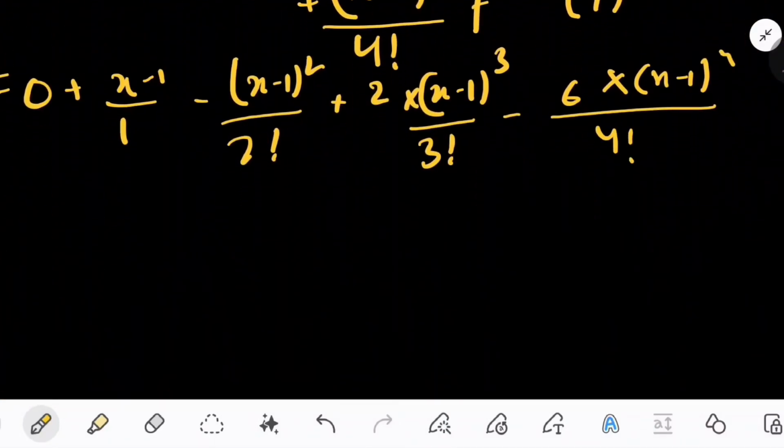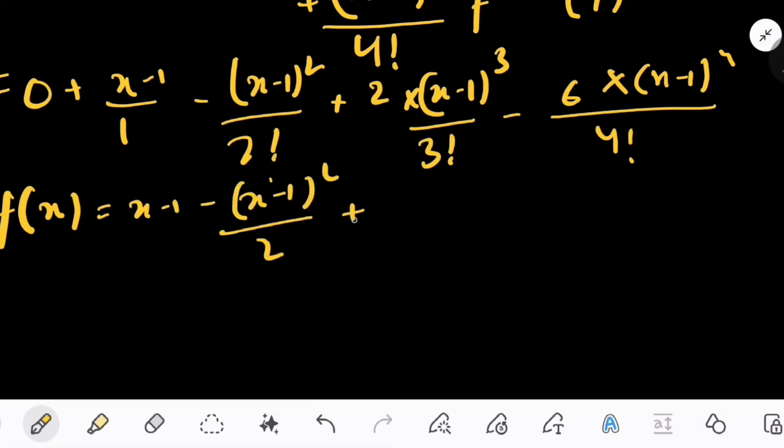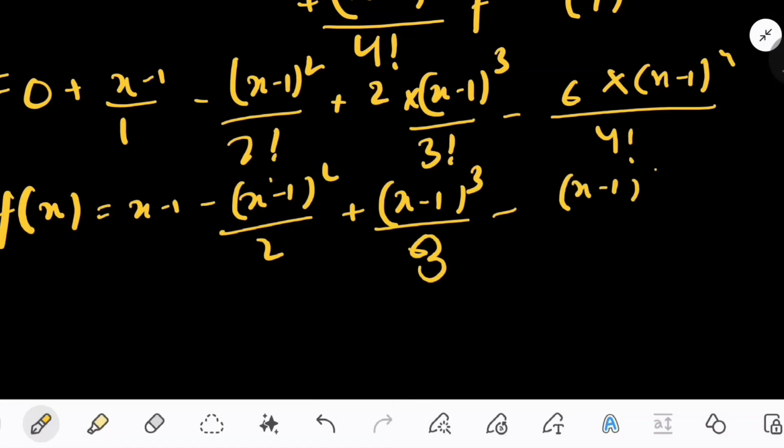Okay. So you get f at x is equal to this thing, (x minus 1) minus (x minus 1) whole square by 2 plus (x minus 1) whole cube by 3 actually, minus (x minus 1) to the power 4 by 4, right?